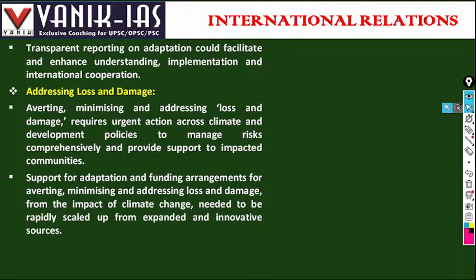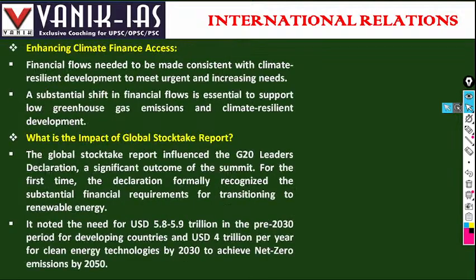Climate change is not affecting all equally; vulnerable communities are more prone to it than others, and steps should be taken so that these vulnerable communities' interests are better protected. Support for adaptation and funding arrangements for averting, minimizing, and addressing loss and damage from the impact of climate change need to be rapidly scaled up from expanded and innovative sources.